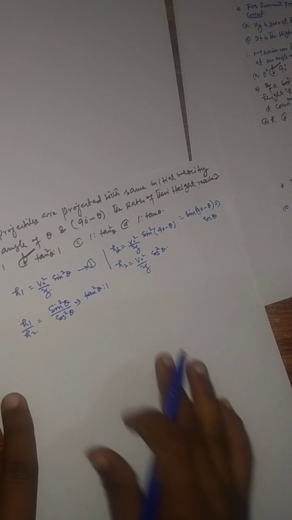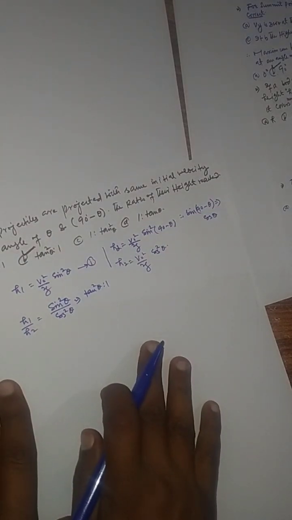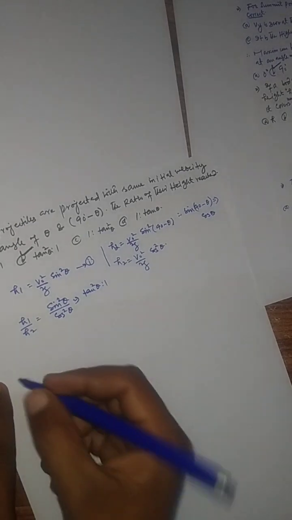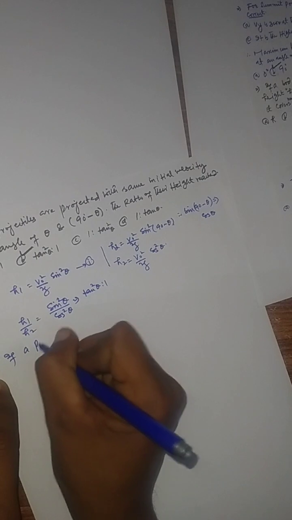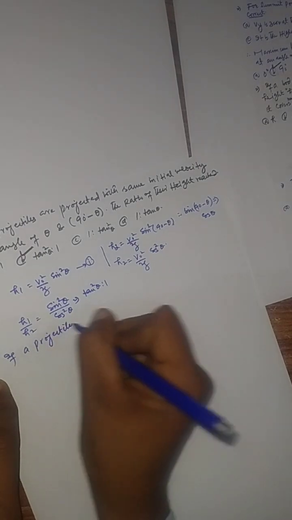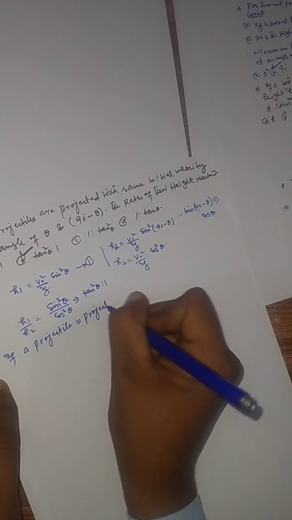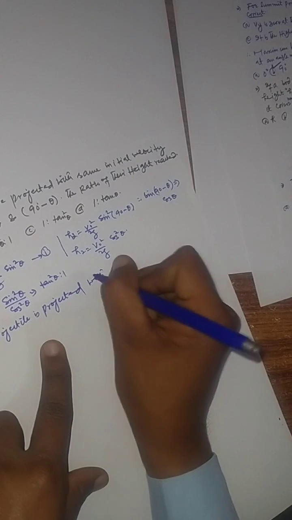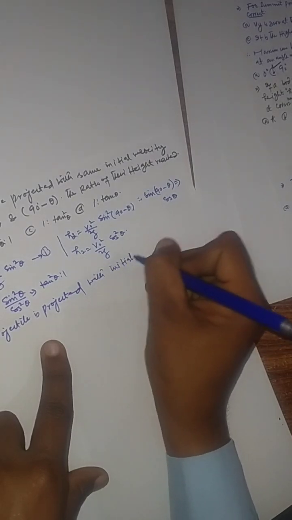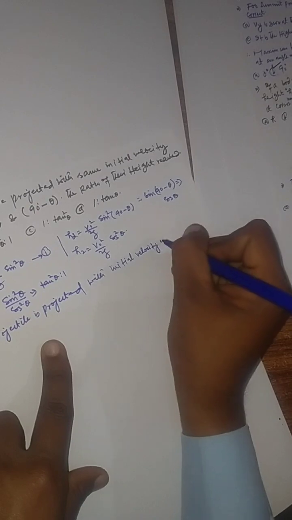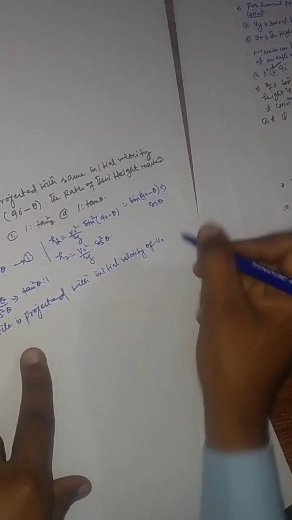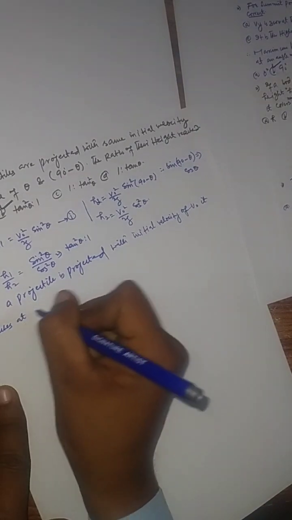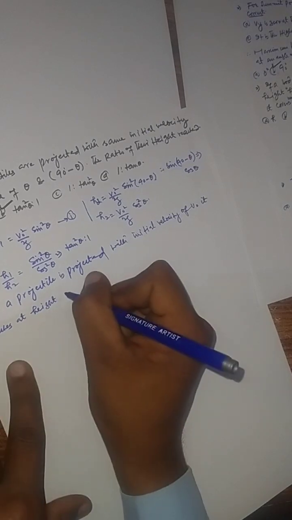After that, if we take the reached height same and we find the ratio of their velocity, or let's say if a projectile is projected with initial velocity of v naught, it reaches a maximum height of h.